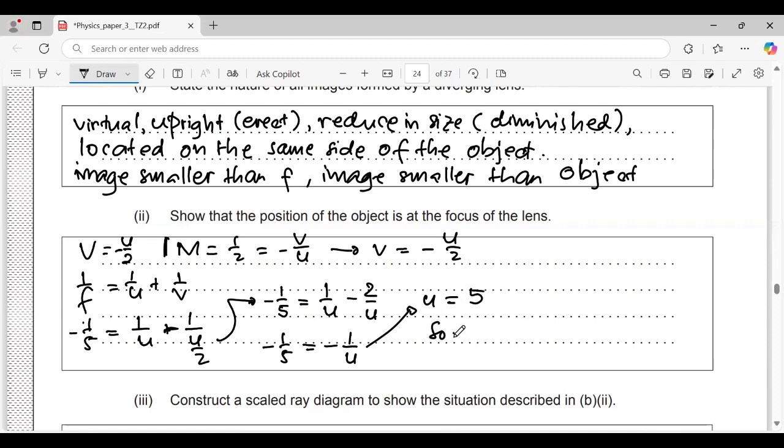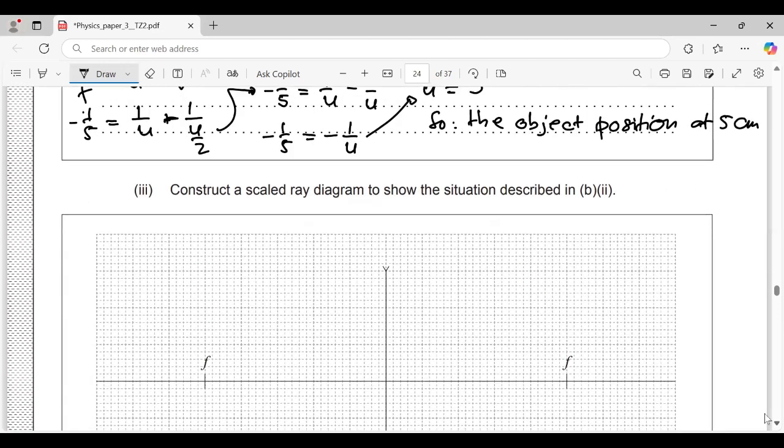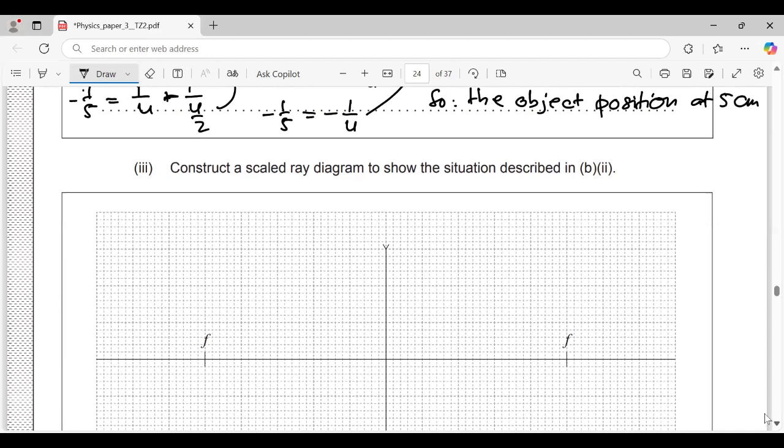So the object position is at 5 centimeters, or u equals f. Construct a scale ray diagram to show the situation described in part 2. All right, so u at f, so it means u position here.